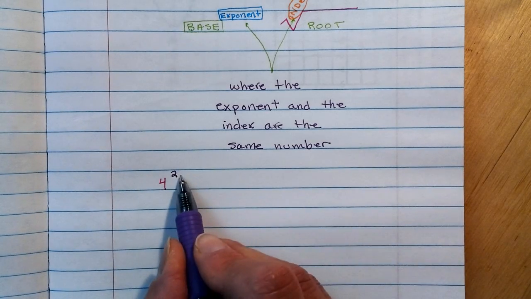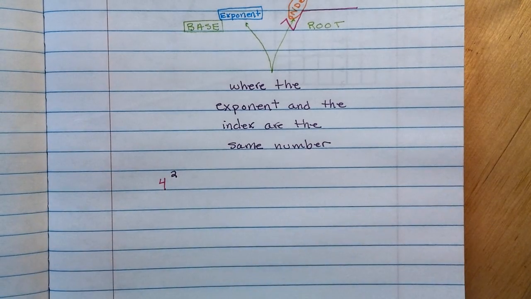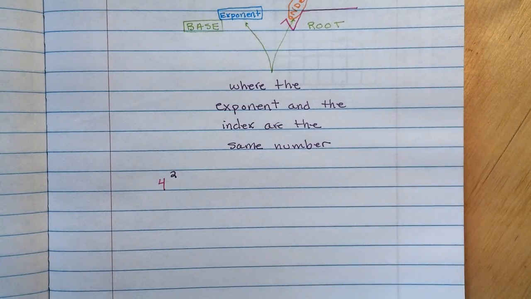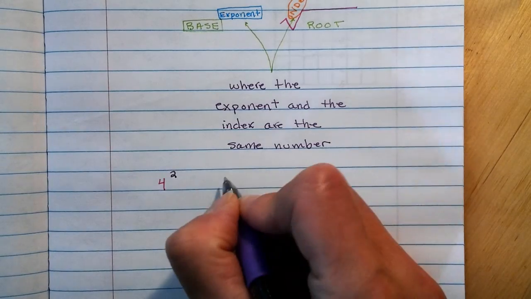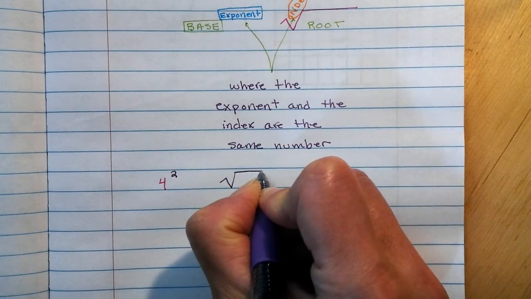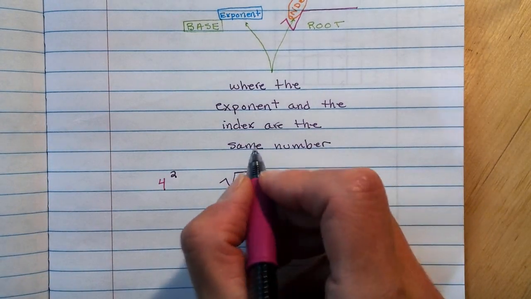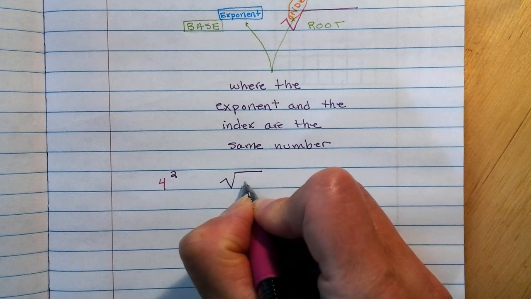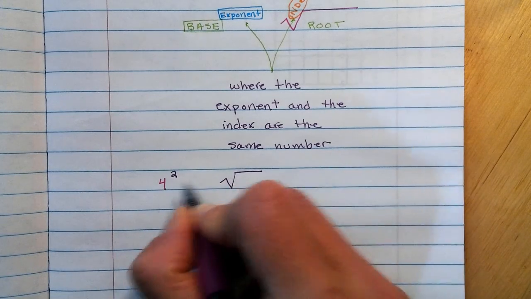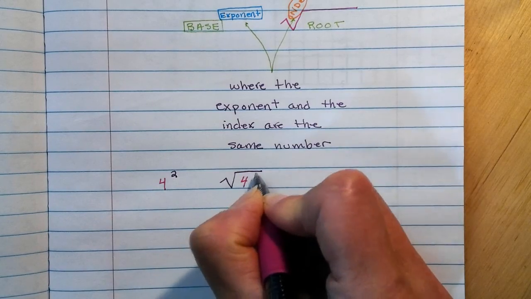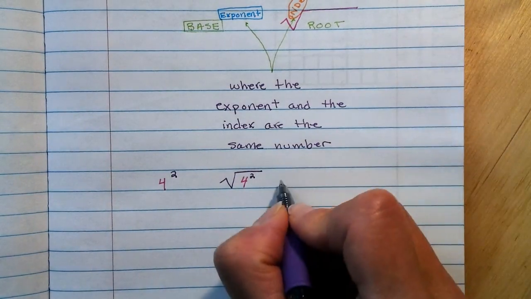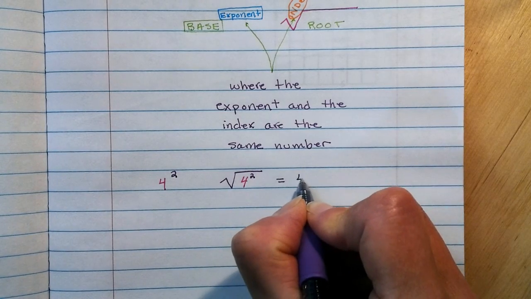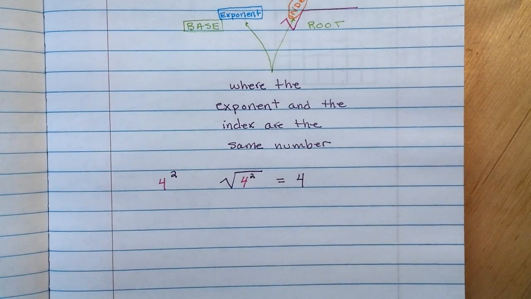To undo this, I would take the square root of 4 squared, and I end up getting 4. Okay? So it undoes it.